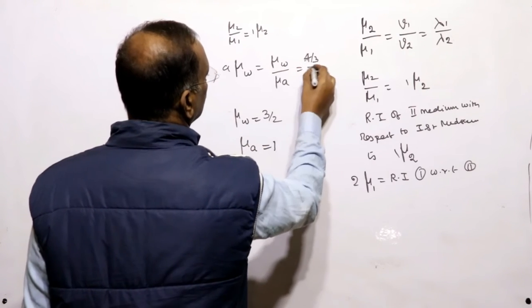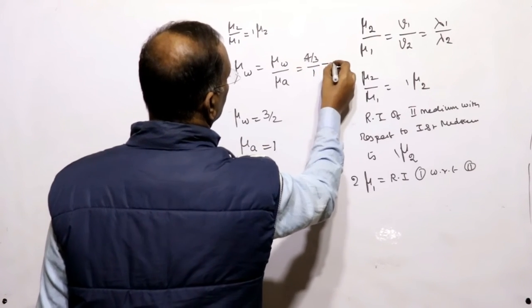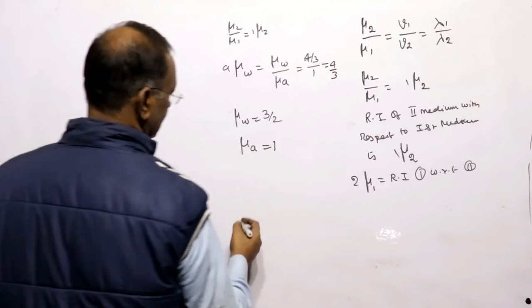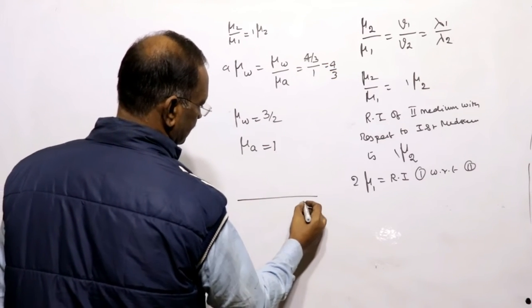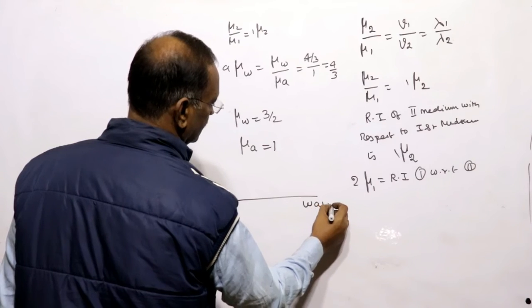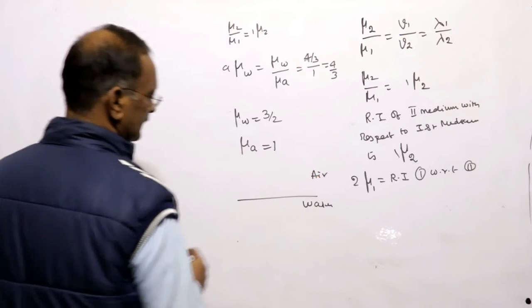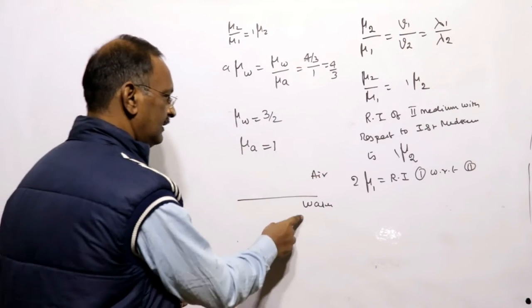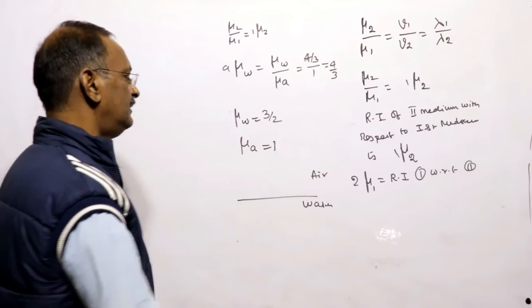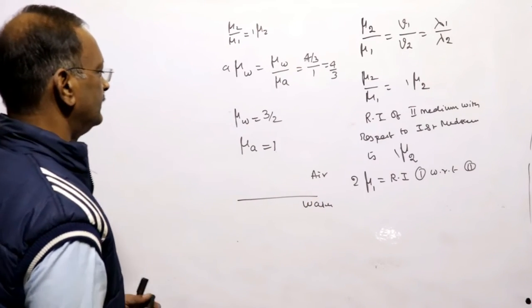So 4 by 3 divided by 1 is equal to 4 by 3. That indicates what? This is water, this is air. The refractive index of water with respect to air is nothing but the refractive index of water.